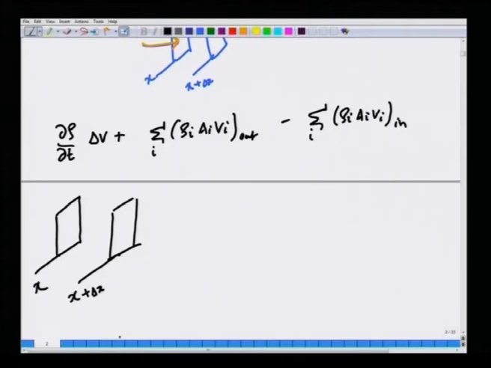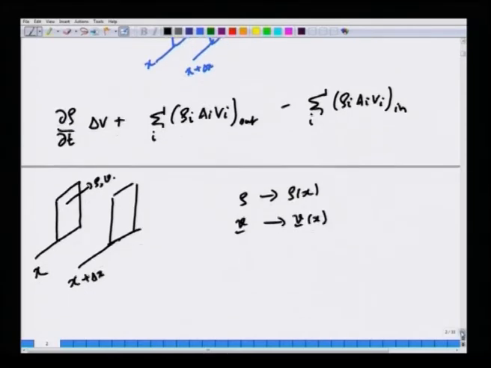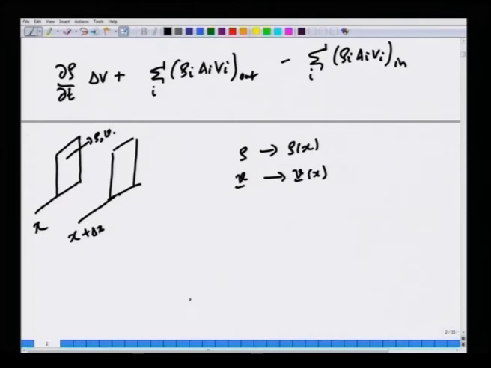In general, quantities such as rho and v will be functions of x. The velocity vector will also be a function of x, because we have used the continuum hypothesis, and all fluid quantities such as pressure, density, velocity, they all vary smoothly and continuously with spatial coordinates.